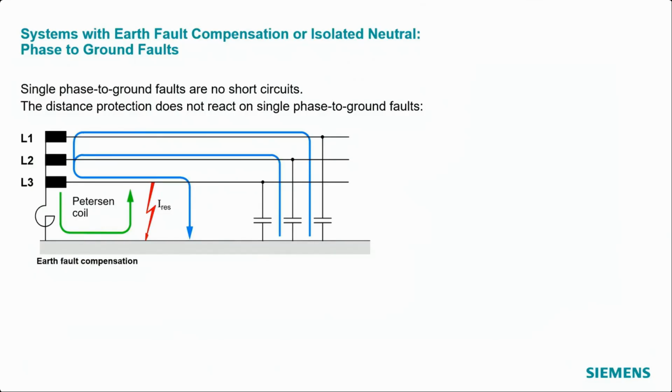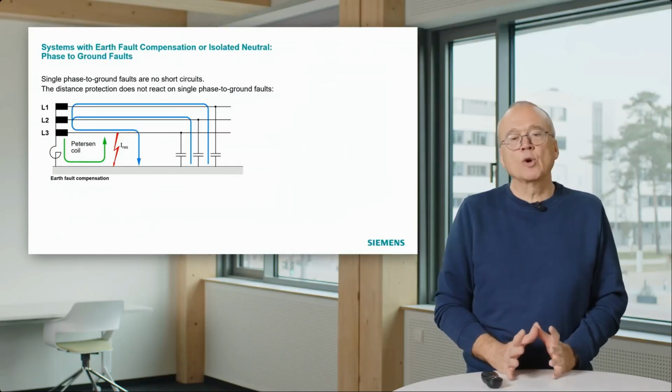If you have in such a system a phase to ground fault, then the capacity of the healthy phases plus the transformer drive a certain capacitive current at the earth fault location. And this current is compensated, that's the blue current in the picture, by the coil current, which is indicated in green, and both currents nearly compensate each other so that you more or less have no current flowing at the fault location.